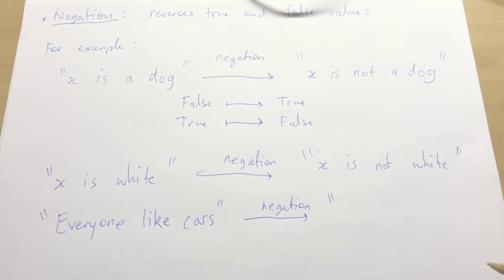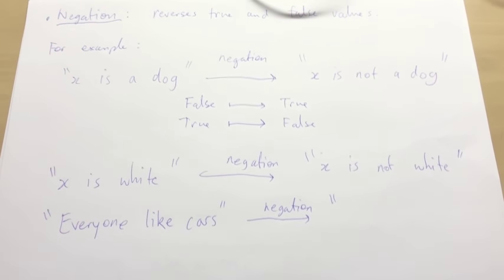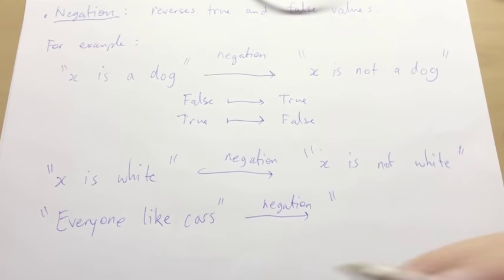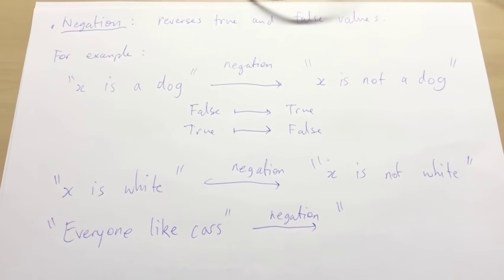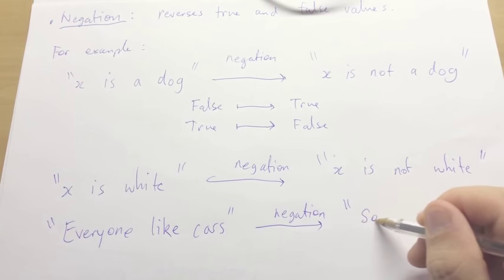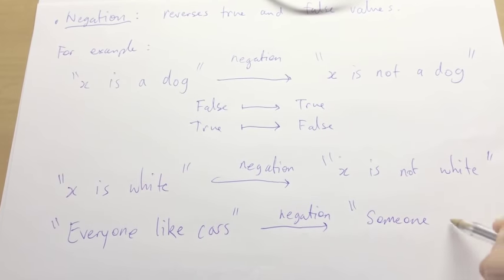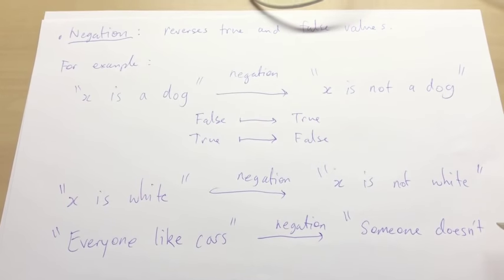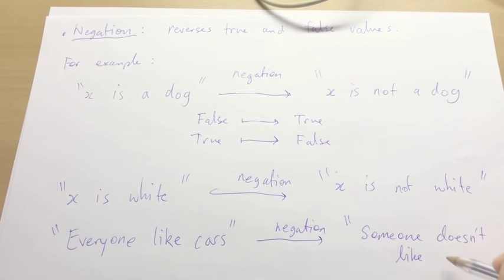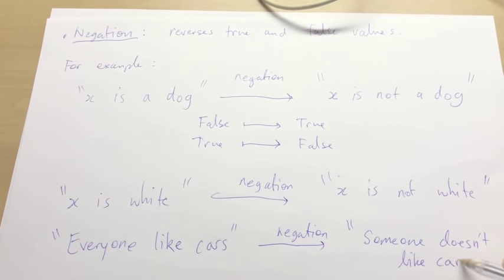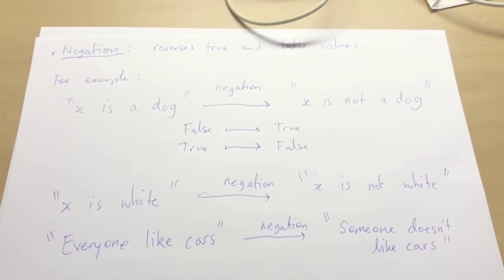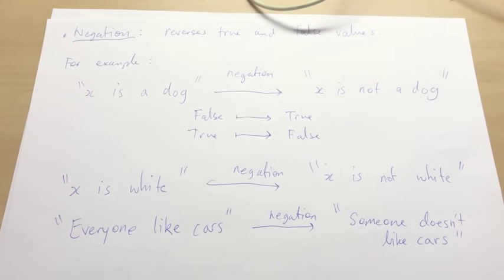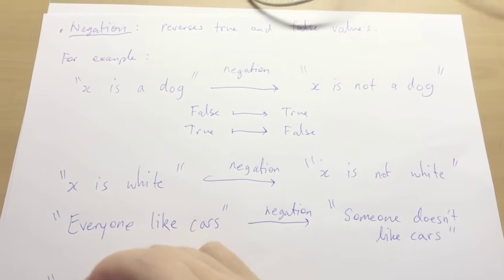But the negation of "everyone likes cars" is just "not every person likes cars," so someone doesn't like cars. Okay, so I hope you're getting the idea for what negation is.